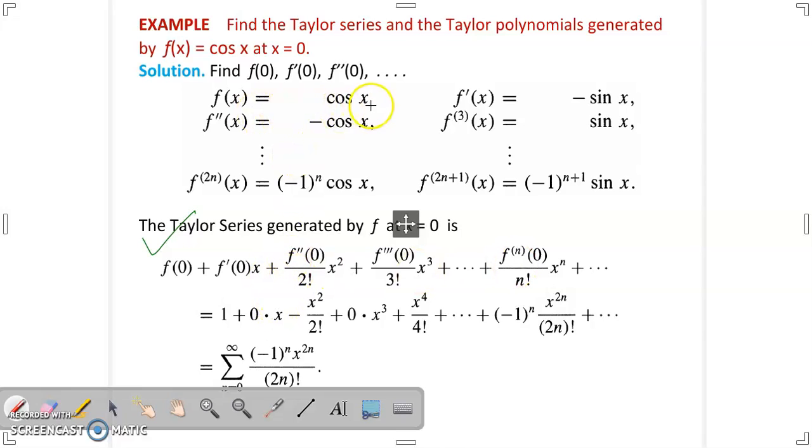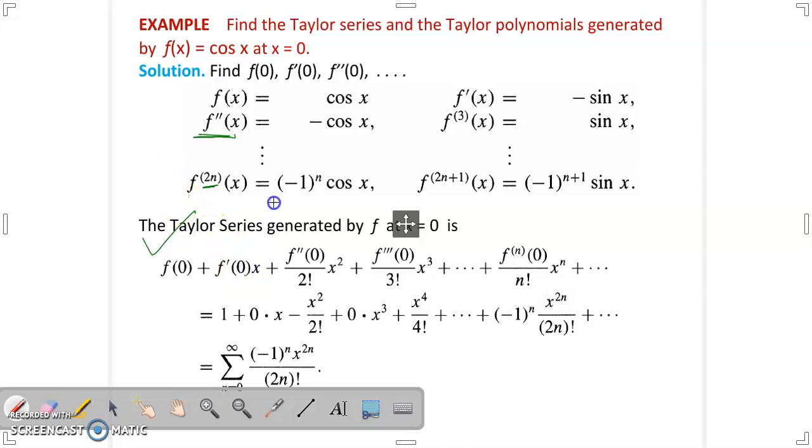We see f(x) is cos x, f dash x is minus sin x, f double dash x is minus cos x, f third derivative is sin x. And in general, the 2nth order derivative of the function is minus 1 raised to the power n into cos x, and the 2n plus 1th order derivative is minus 1 raised to the power n plus 1 into sin x, right?